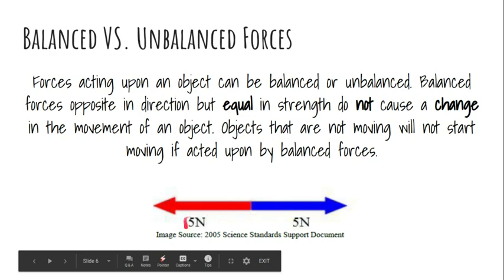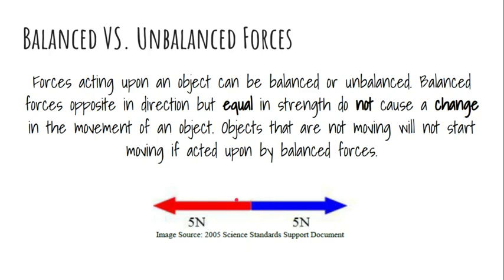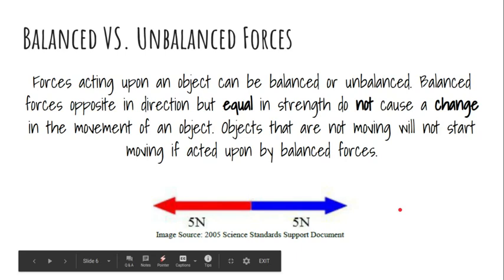And this one's kind of easy because it gives you a numerical value. It says 5 N. 5 N. We'll get to what the N means later. But basically, it's showing us that they are equal in size or strength, but they're going in opposite directions. So if there were, say, a box right over here, we would not have that box moving whatsoever because it's not going to the left, it's not going to the right.